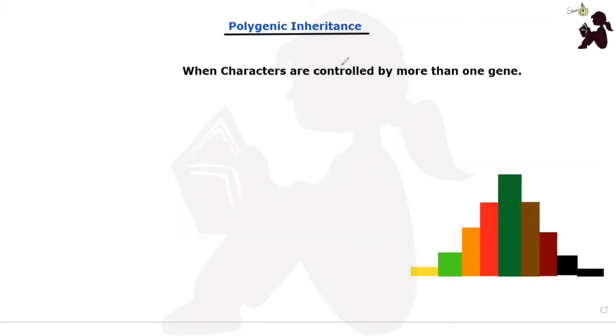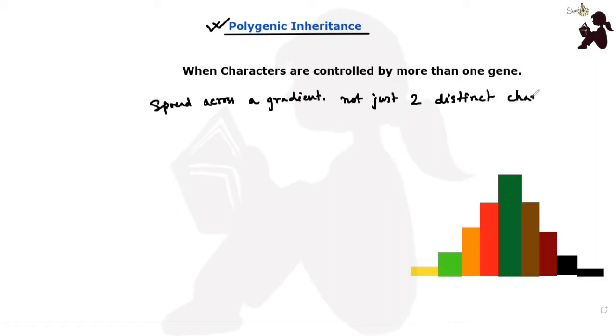Then we will discuss the polygenic inheritance. In nature, we can see that the characteristics are spread across a gradient. They are not just two distinct characters like in the Mendel experiment. In this kind of characteristics, the characters are controlled by more than one gene.